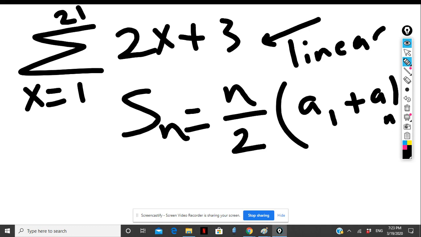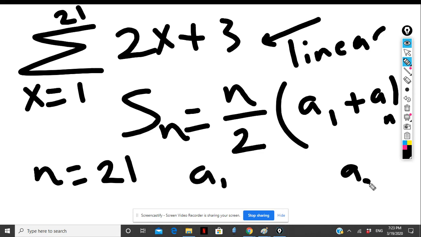That's the formula. So now I found n is 21. So what I have to do is find a1 and a21. a1, when x is 1, is 5. a21, when x is 21, is going to be 45.